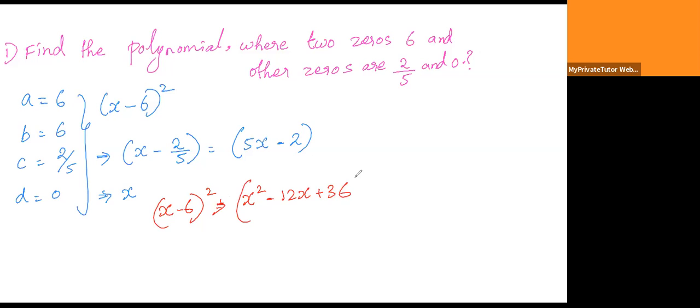Then you need to multiply by 5x minus 2 and then again by x. I'm not going to simplify. I hope you know how to simplify, which is nothing but expanding or distributing.